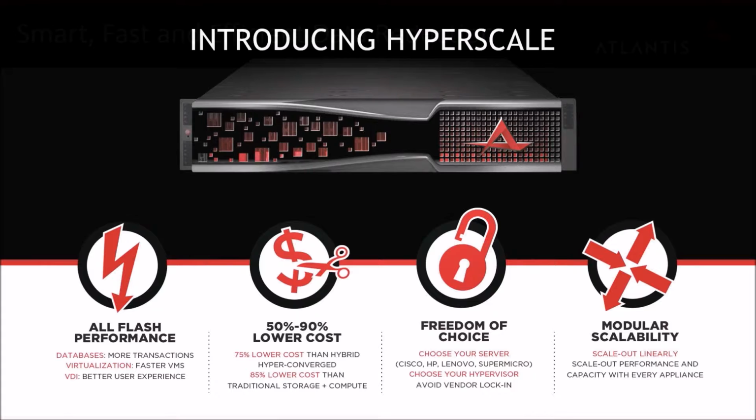We support today hardware from HP, Cisco, Lenovo, and Supermicro. If you are an HP customer, you can get the power of USX prepackaged and delivered to you on an HP appliance.